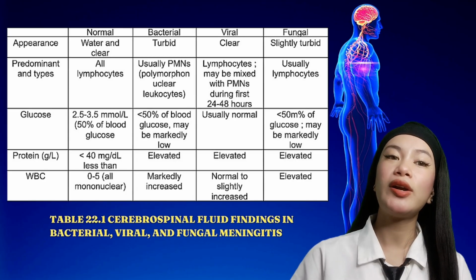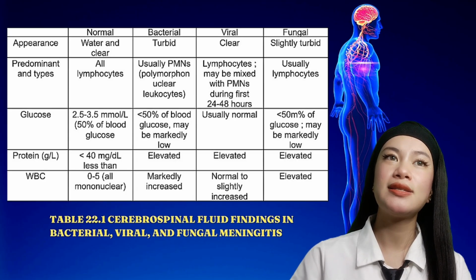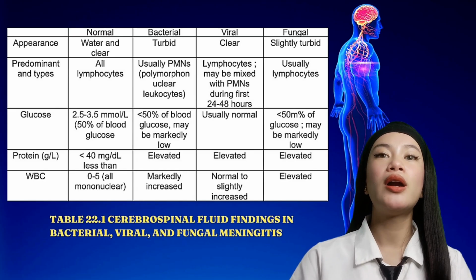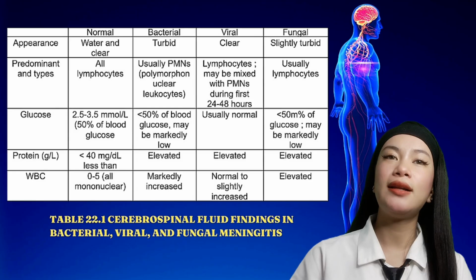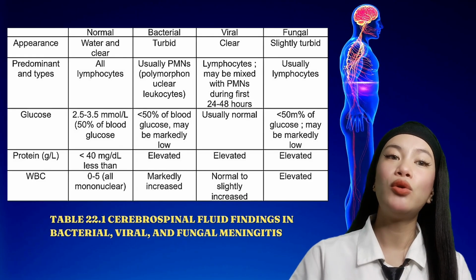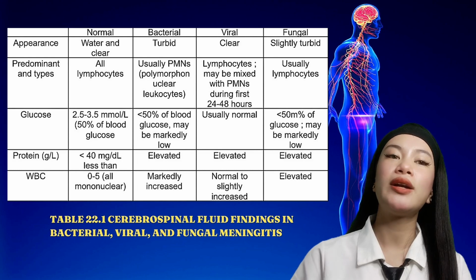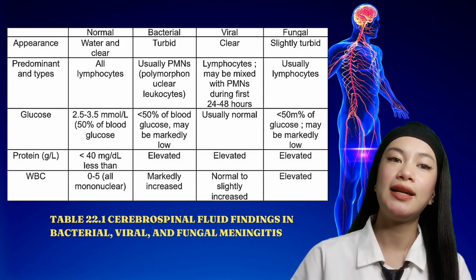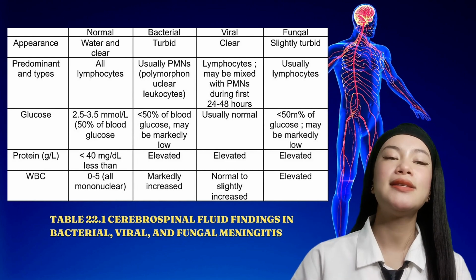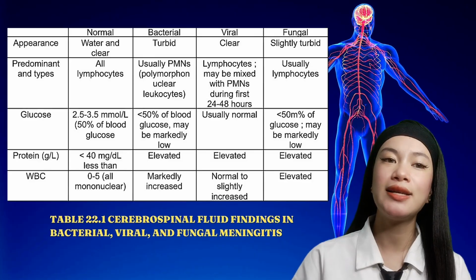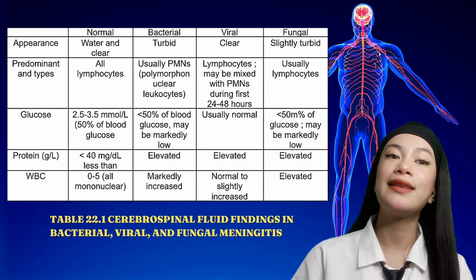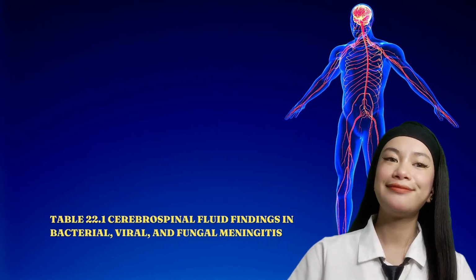For bacterial, viral, and fungal meningitis, it is elevated. And for WBC, or white blood cells, normal is 0 to 5, all mononuclear. For bacterial meningitis, it is markedly increased. For viral meningitis, it is normal to slightly increased. And for fungal meningitis, it is elevated.